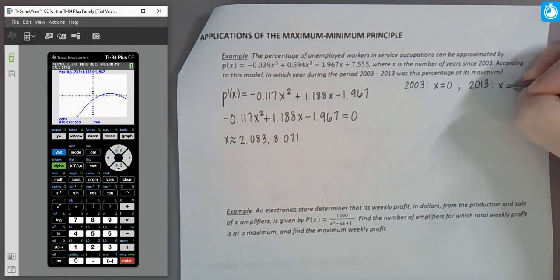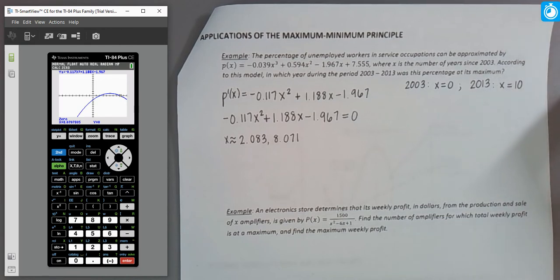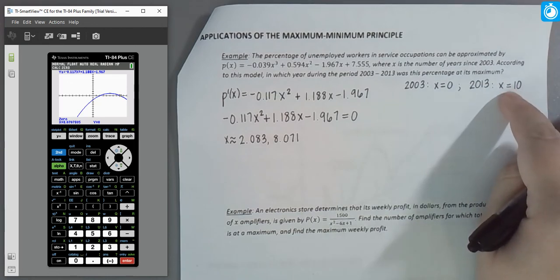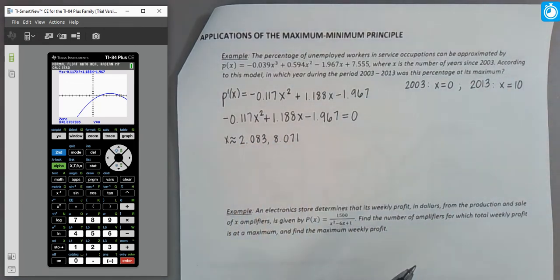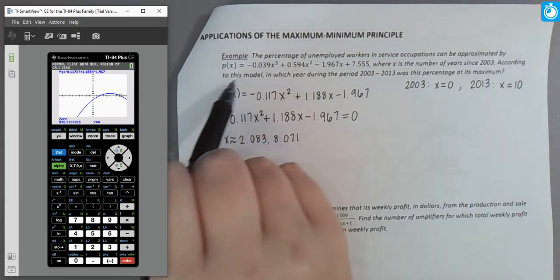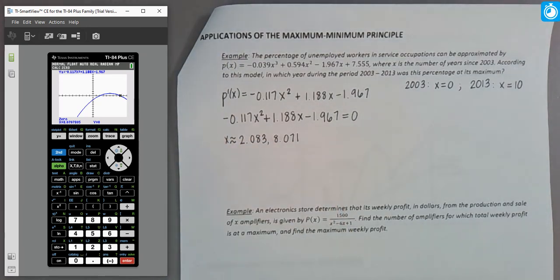So in this case, that would be 10 years from 2003. So we need to check our endpoints, and we need to check our critical values. We're going to substitute them into our function, and we want to determine where do we hit our maximum. It's either going to be at an endpoint or it's going to be at the location of a critical value.